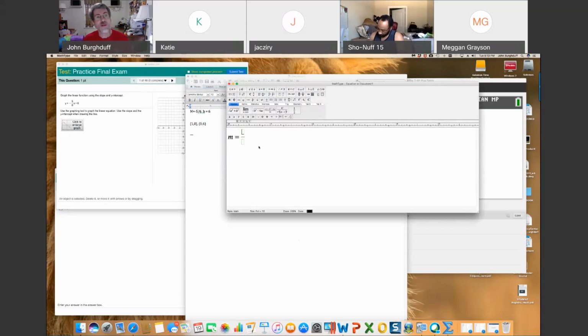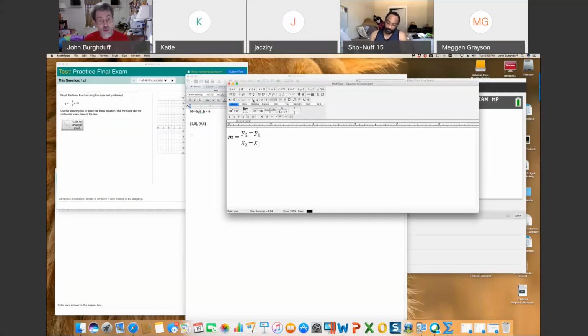It's the difference of the 2 y values, so y2 minus y1, over the difference of the 2 x values, x2 minus x1.